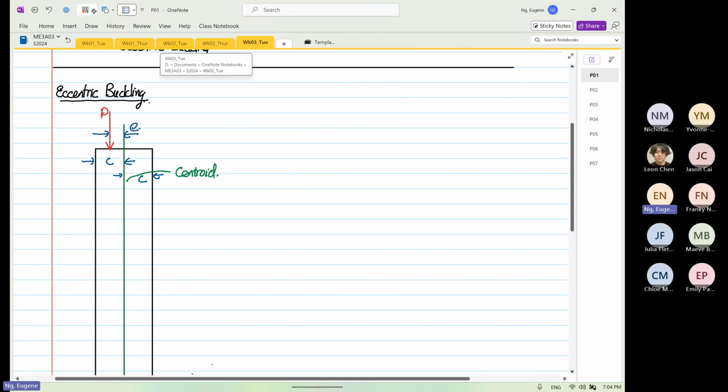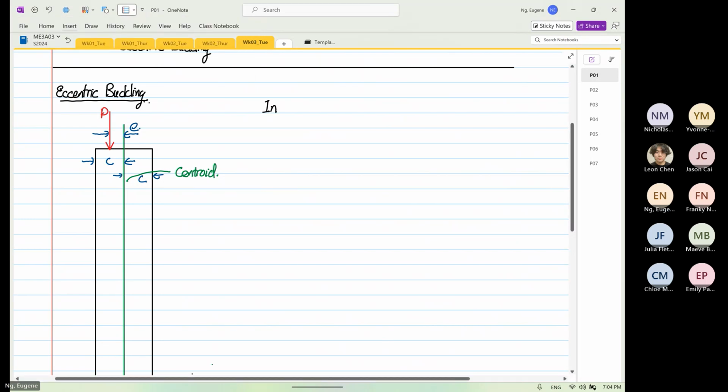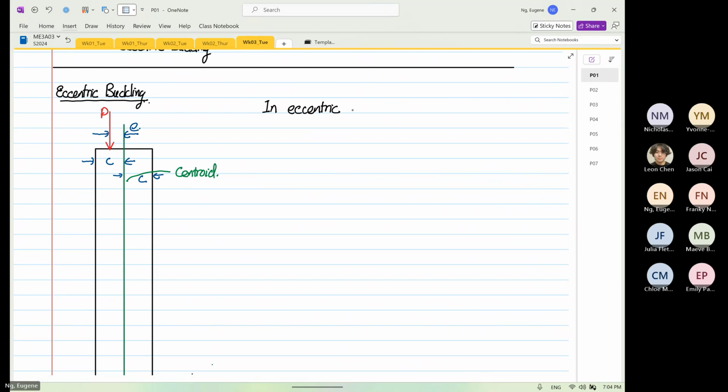In eccentric buckling, the maximum deflection, which is our Y max, occurs when X is equal to L divided by 2.